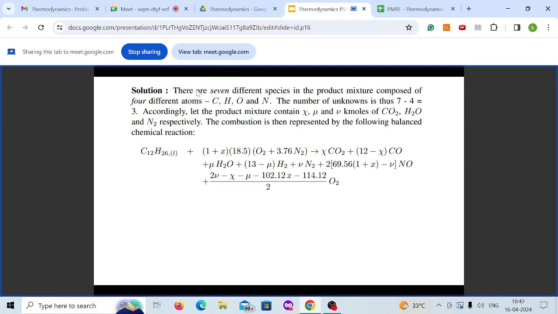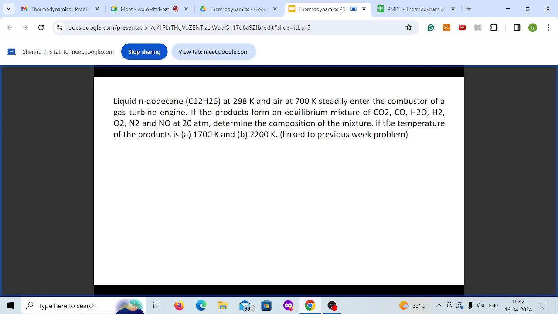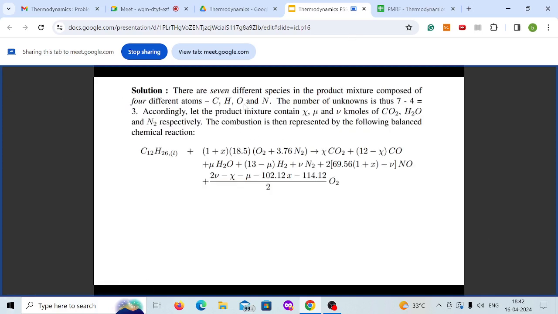So if you see, there are 7 different species in this product, which are CO2, CO, H2O, H2, O2, nitrogen and NO. There are 7 species and 4 different atoms, C, H, O, N. So we have 4 atoms, so we can get 4 component balances.